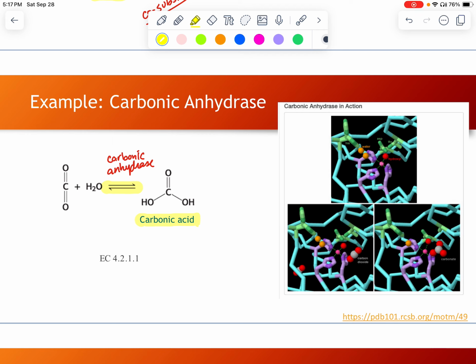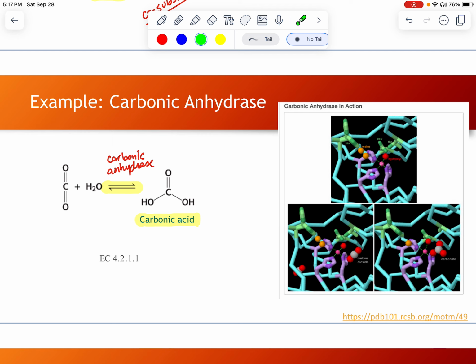It catalyzes the conversion of carbon dioxide to carbonic acid. Then carbonic acid, being an acid, will donate a proton and continue on to form bicarbonate ion.